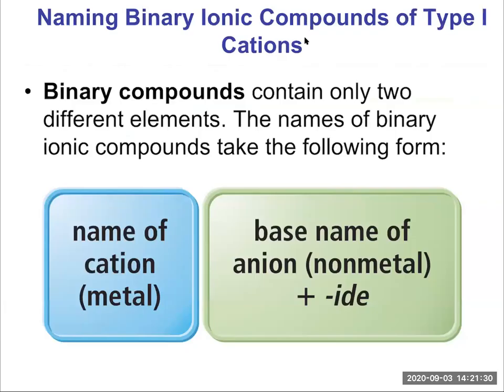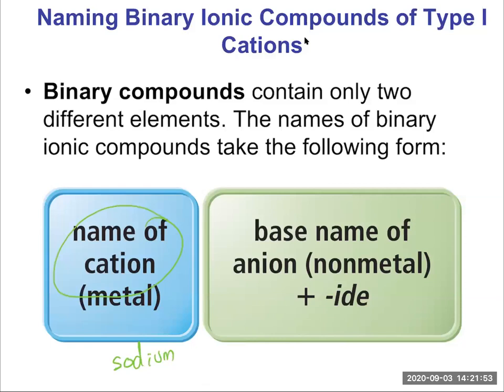We call those binary compounds, when two elements come together, one being a metal and one being a non-metal. The way we're going to name it is you just name the cation, which is the metal. So for example, if I have sodium, and I put it with chlorine, you're just going to say the word chloride.